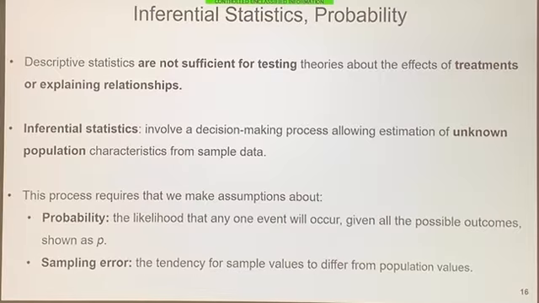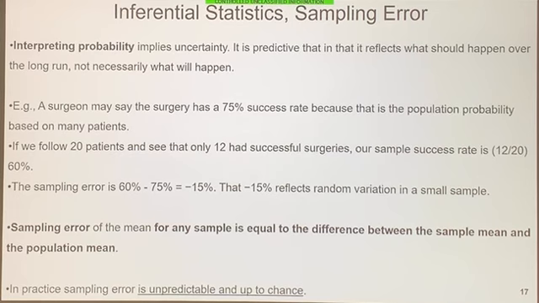That's the likelihood an event will occur or not. And sampling error is the error that results when we pull a sample out of the population, measure that sample for a certain variable, and get a different result than what we see in the population.